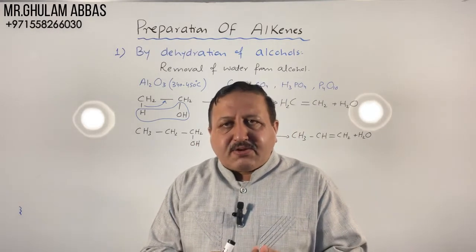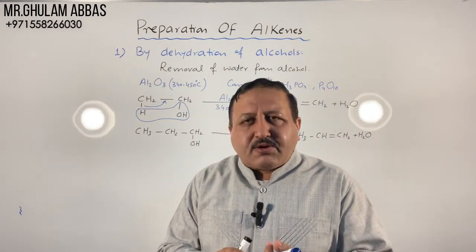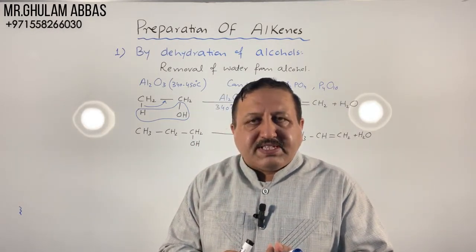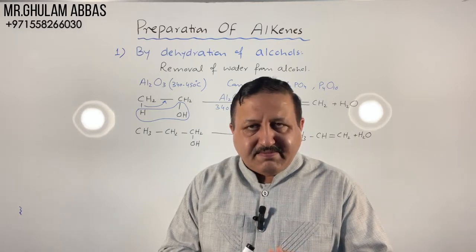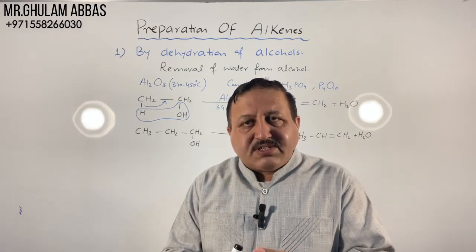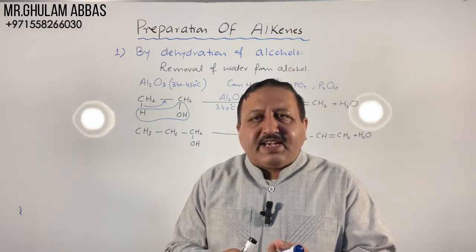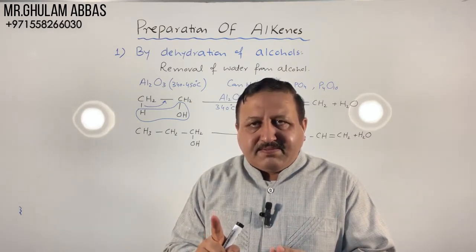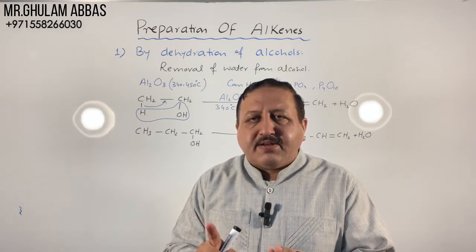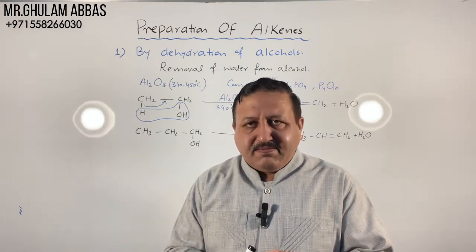What are primary alcohols? Those alcohols in which the OH group is attached with a primary carbon. But again the question is, what is a primary carbon? The carbon which is attached with only one carbon atom or no carbon atom is a primary carbon.